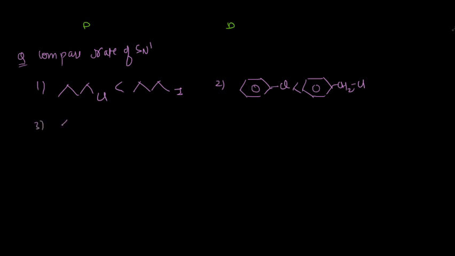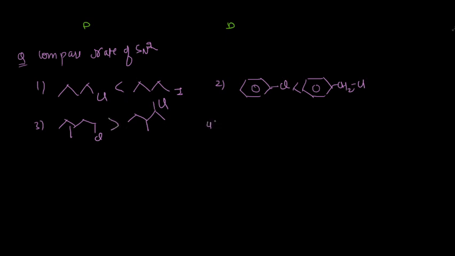Third, we have chlorine over here. If we talk about SN1, we are comparing SN2 actually here. That's comparing SN2, so we will see bulkiness.